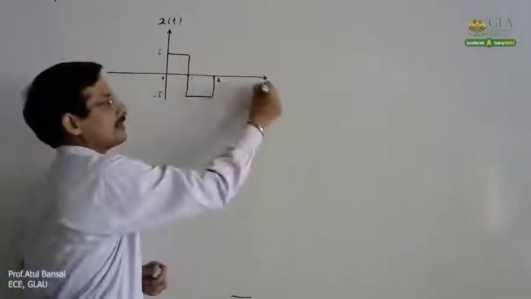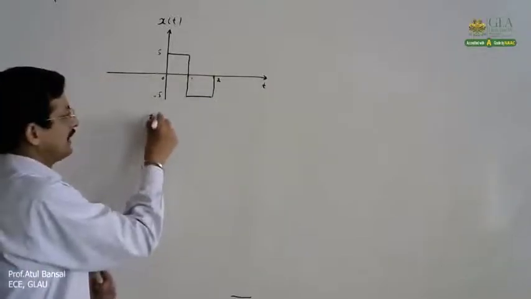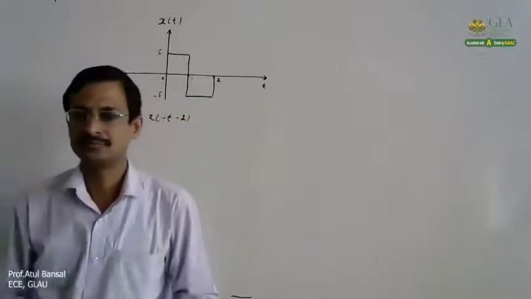Suppose this signal is given to us. Now we want a signal which is x of minus t minus 2.